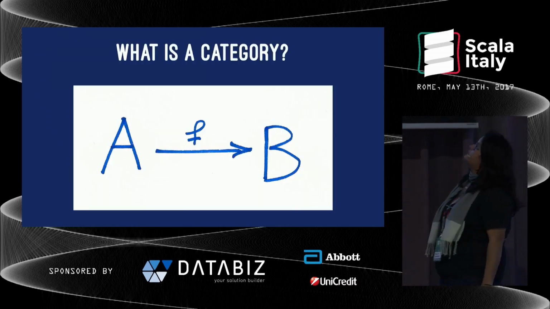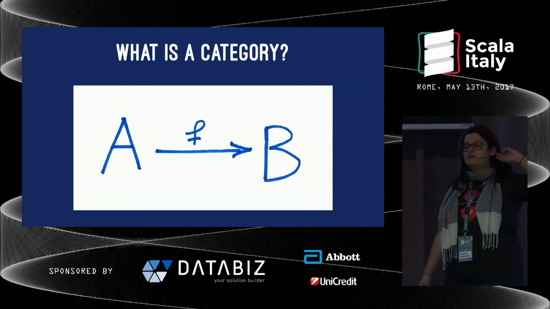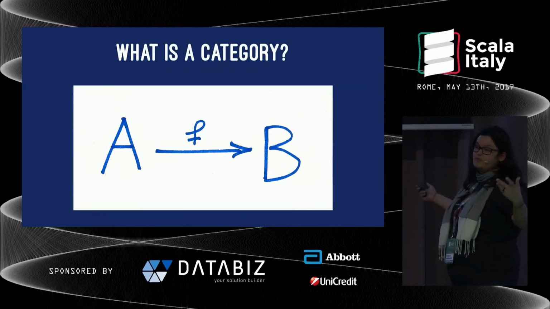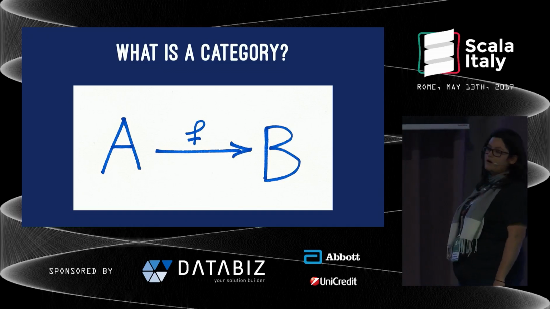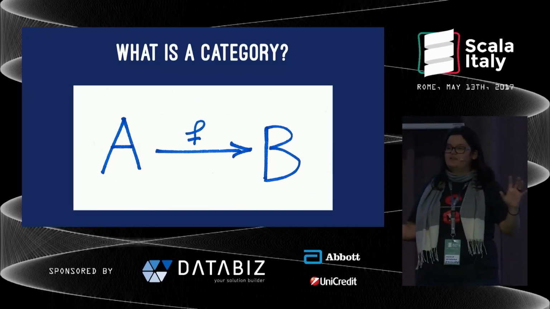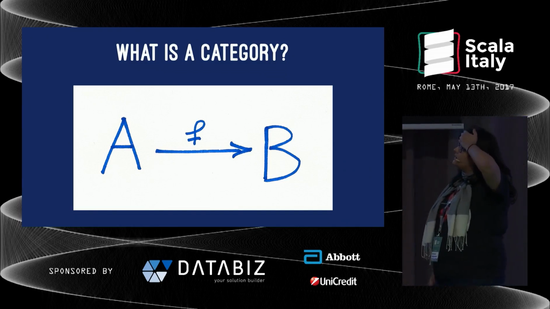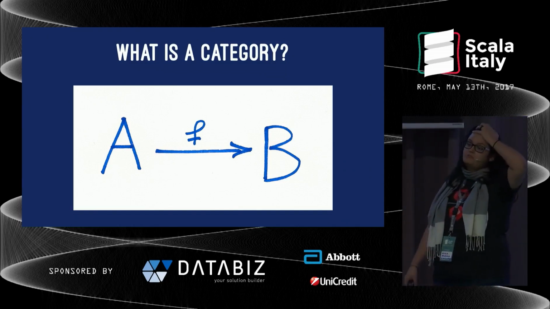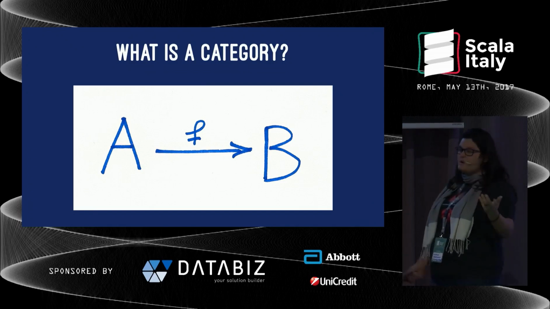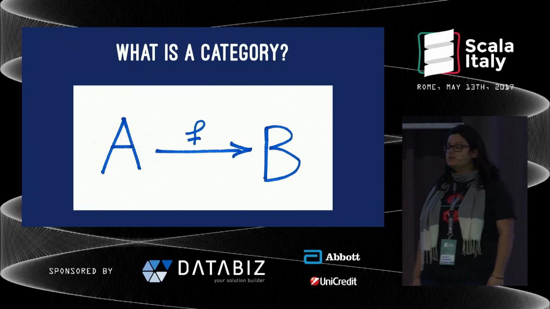What's a category? Well, it's nothing really too complex, right? It's a bunch of objects, where by objects I mean the most generic object possible, that are linked by an arrow. What is an object? I don't know. It could be anything, really.